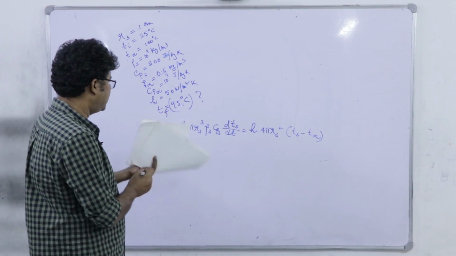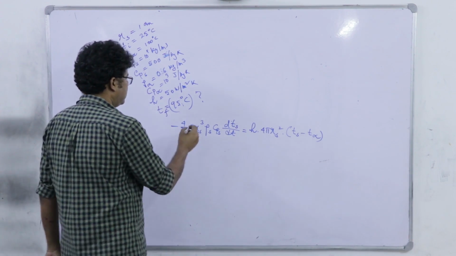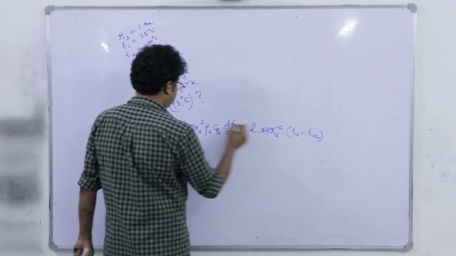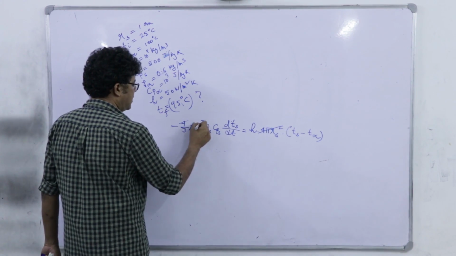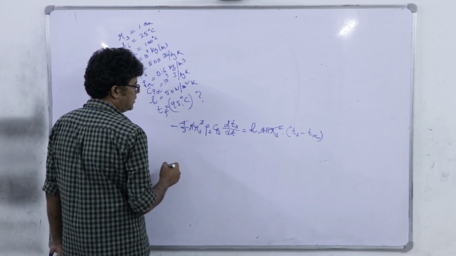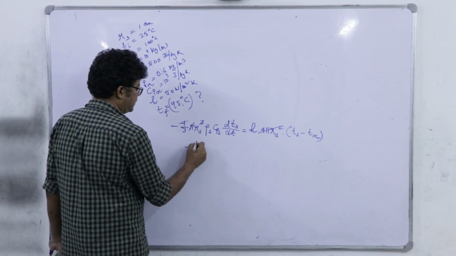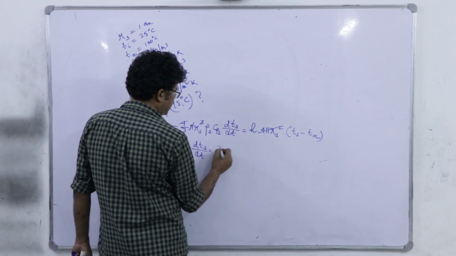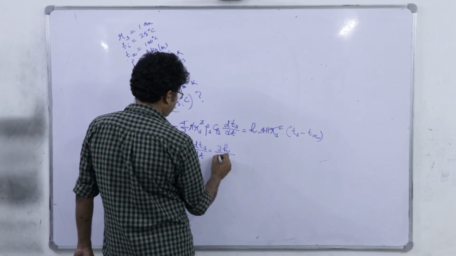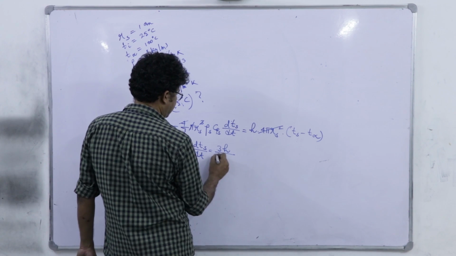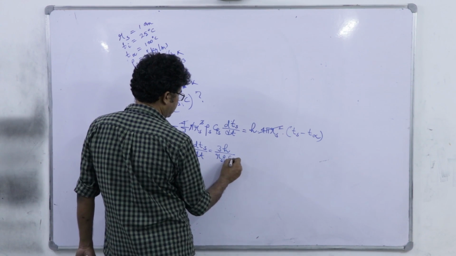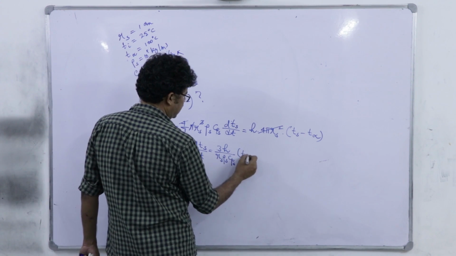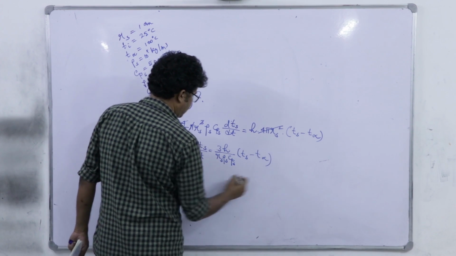With a bit of simplification, you see 4 pi r square, 4 pi r square, right? So minus of dTs dt is equal to 3h divided by Rs into rho s Cps into Ts minus T infinity.